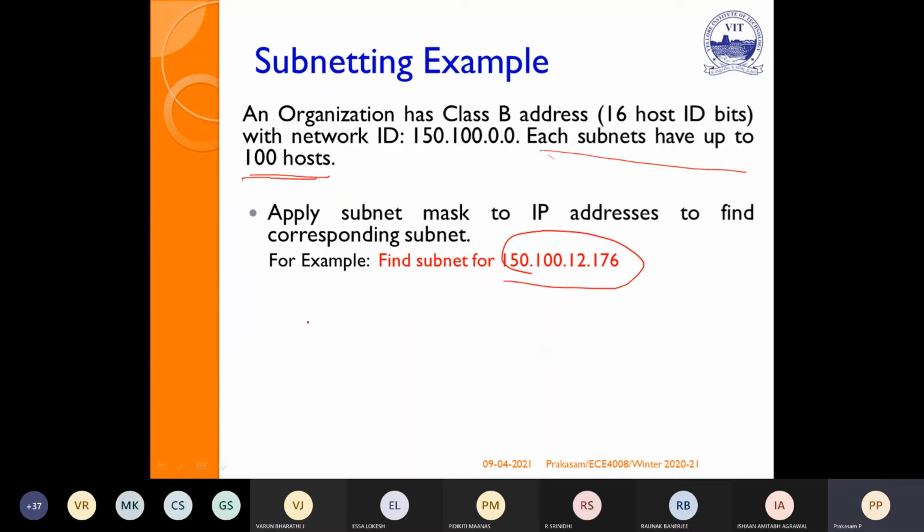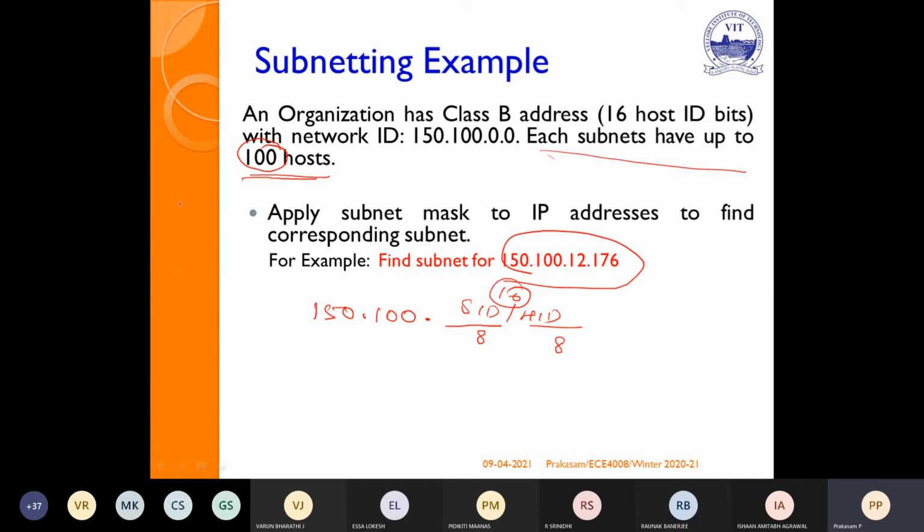So this is class B, so 150.100 dot. The remaining is an 8-bit field and another 8-bit field, so totally 16 bits. In these 16 bits, I should divide into subnet ID and host ID. In the previous case, they said I need 4 subnets.